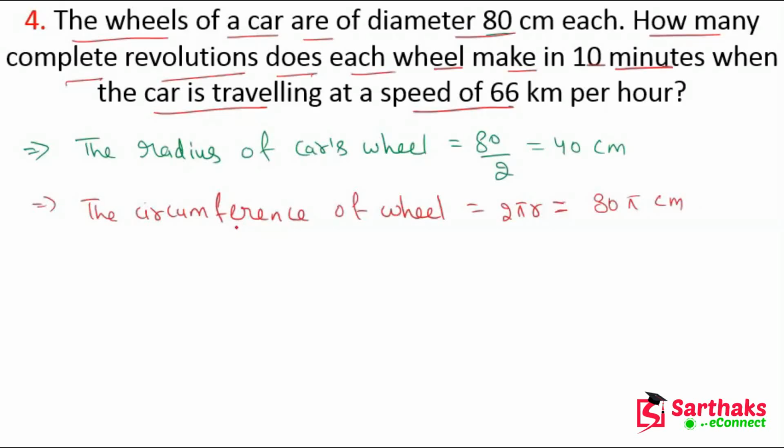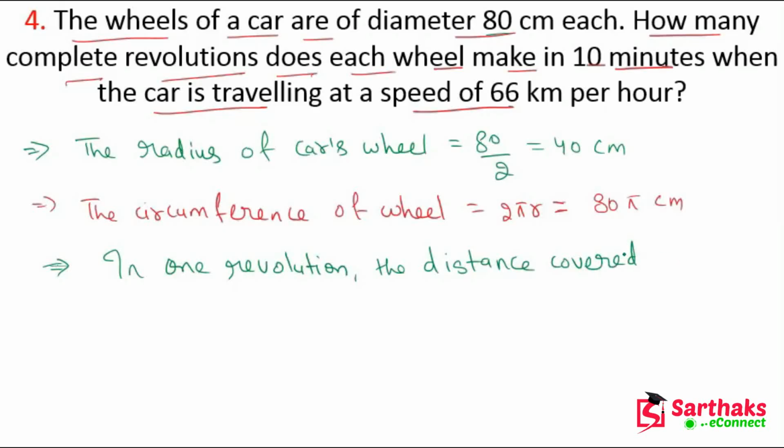So my dear friends, in one revolution, the distance covered is equal to the circumference of the wheel. So now my dear friends, in one revolution, the distance covered of the wheel is equal to what?